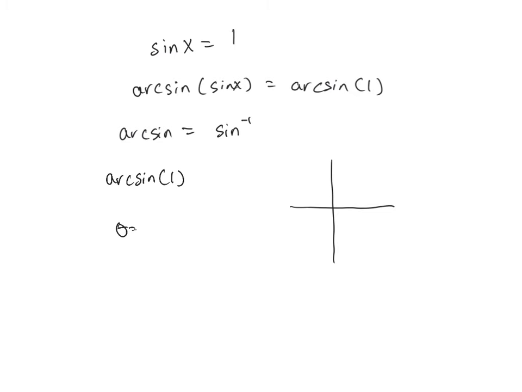So if it is positive 1, my sine has to be positive, and my hypotenuse will always be positive. And I'm going to work with what I know. I know my 30, 60, 90, and I know my 45, 45, 90.